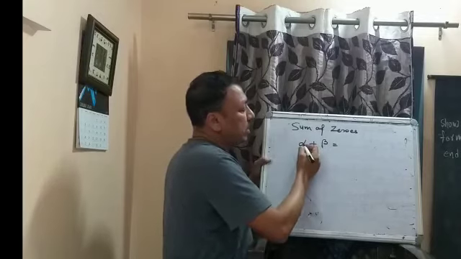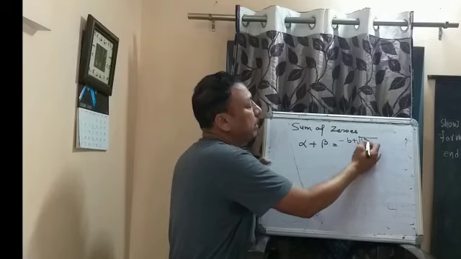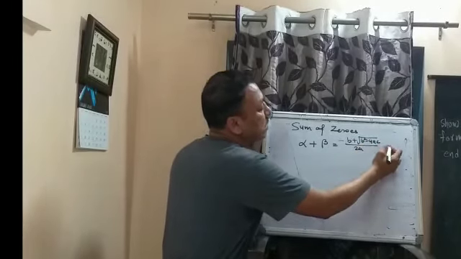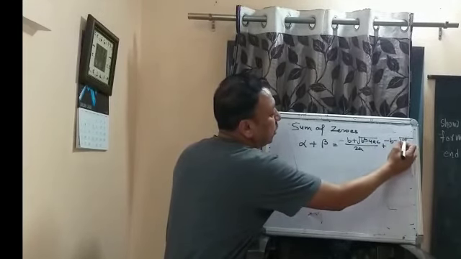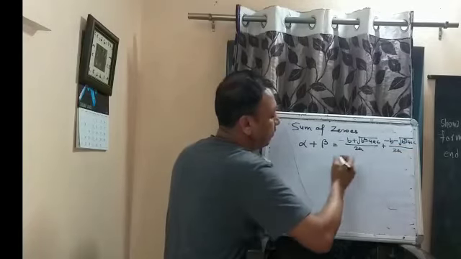If you remember, the value of alpha is minus b plus under root b square minus 4ac upon 2a, plus the value of beta, which is minus b minus under root b square minus 4ac upon 2a.